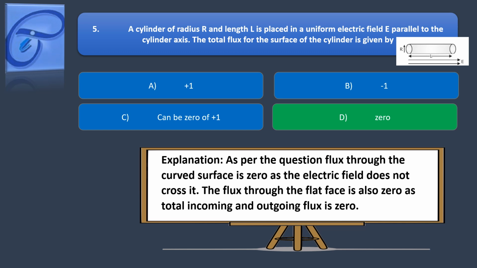As per the question, flux through the curved surface is 0 as the electric field does not cross it. The flux through the flat faces is also 0 as total incoming and outgoing flux is 0. So option D is the right answer.